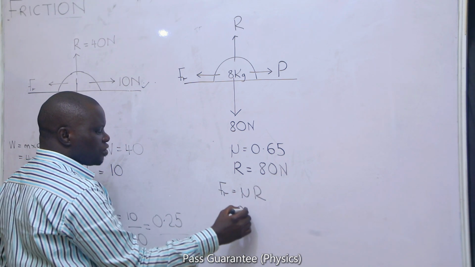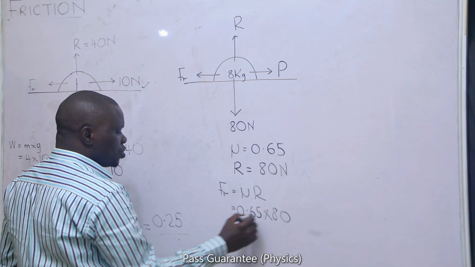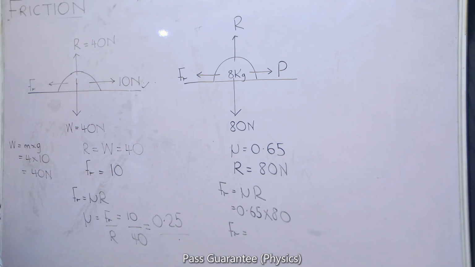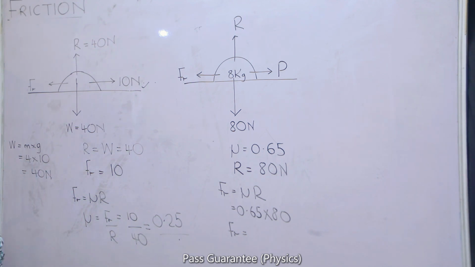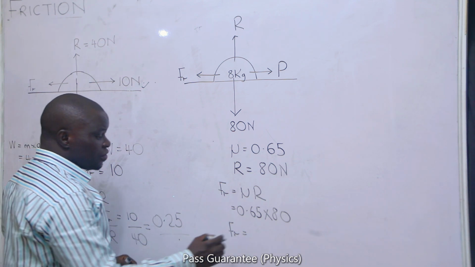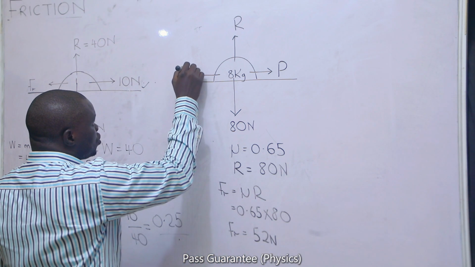Mu is 0.65 and the normal reaction has been found to be 80. So the friction is equal to 0.65 times 80, which is 52 Newton. It means the frictional force is 52 Newton.